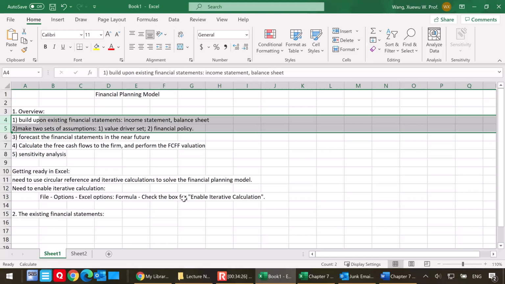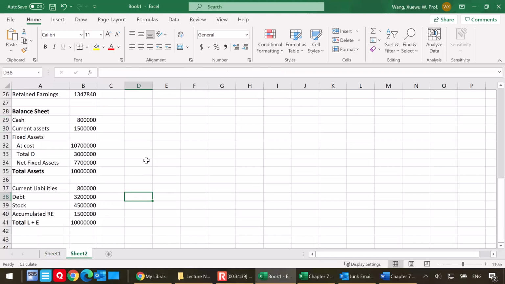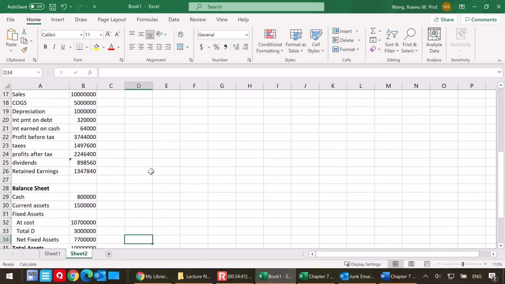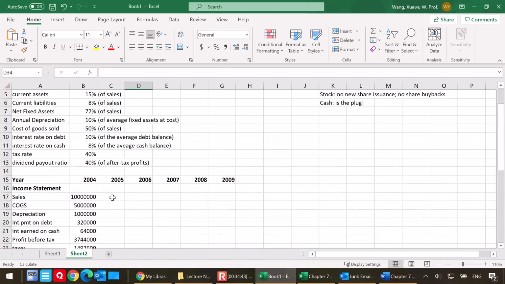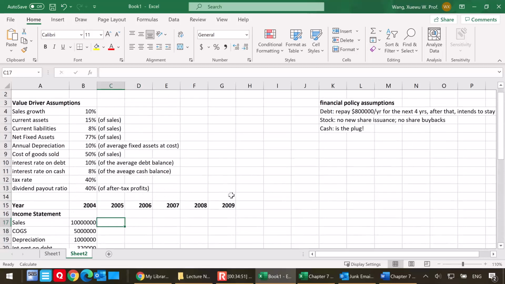Now our next job is to forecast the financial statements in the near future, knowing that we have already enabled Excel iterative calculation. Let me go back to our worksheet. Now we're going to look at the next 5 years, and forecast the financial statements for the next 5 years.